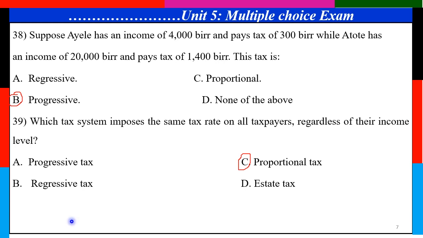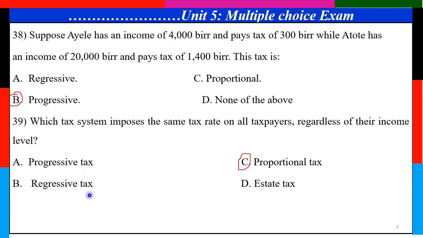Last time we clearly already defined each of those types of tax. What do we mean by progressive, regressive, proportional tax, and again, estate tax? As I told you, progressive tax means a tax that an individual person can pay according to his or her ability.